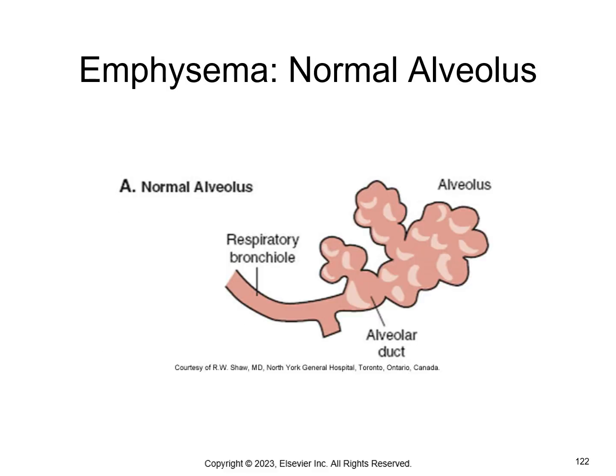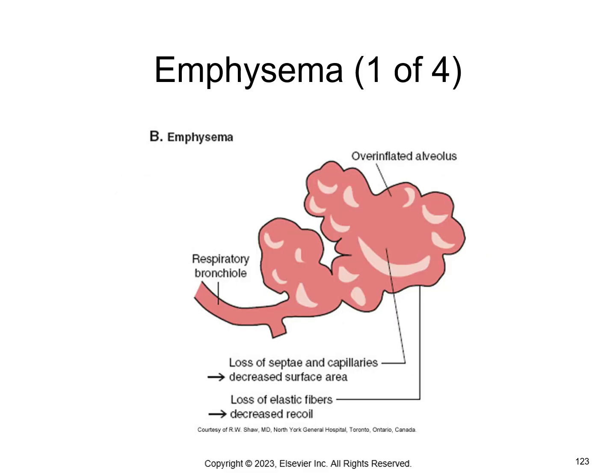Here you can see the normal alveoli, and this is what the alveoli will look like with emphysema. So they become overinflated. We'll lose the septae and the capillaries. The decreased surface area will have loss of elasticity and a decrease in recoil.